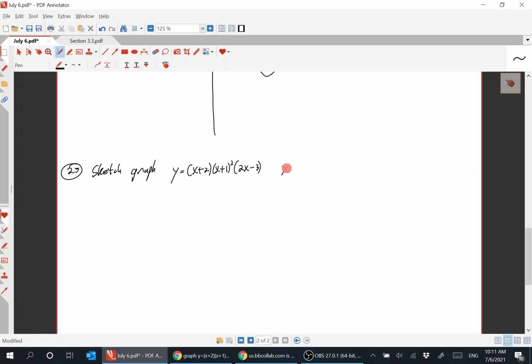Right, so y is equal to 0 when x is equal to negative 2, negative 1, and 3/2. So put those numbers on the line. So negative 2, negative 1, and then 3/2.